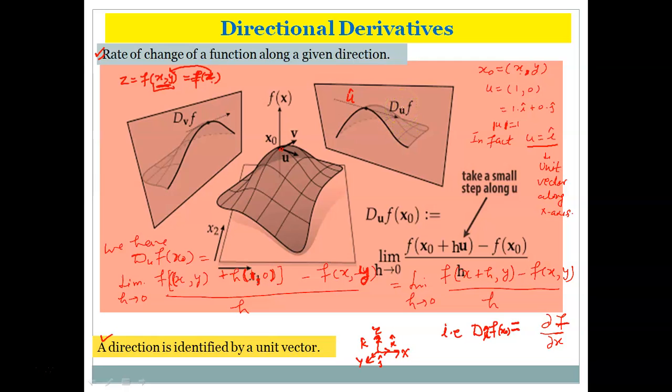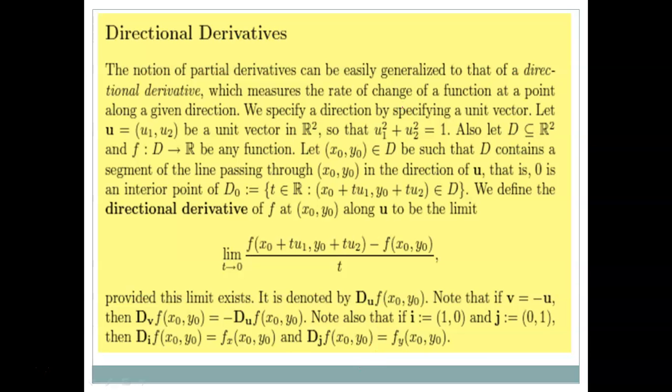So now we extend this idea to functions of more than two variables. In general, the notion of partial derivative can easily be generalized to a directional derivative, which measures the rate of change of a function at a point along a given direction.